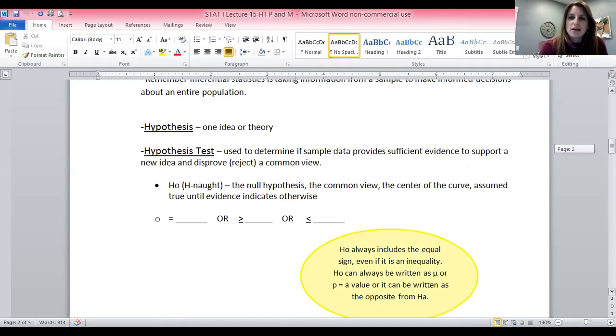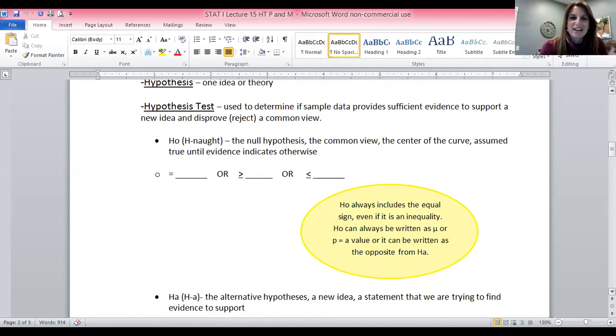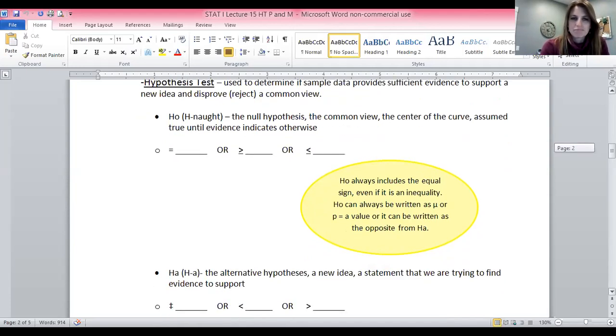So when we write up a hypothesis test, we have our null hypothesis, which is H naught, and that is our common view. That is also the center of our curve, and it's assumed true until we have evidence to prove that it's not. When we're looking at the null hypothesis, make a note that you can always write it as equals. So you can always write that p equals some value, or mu always equals some value, okay?